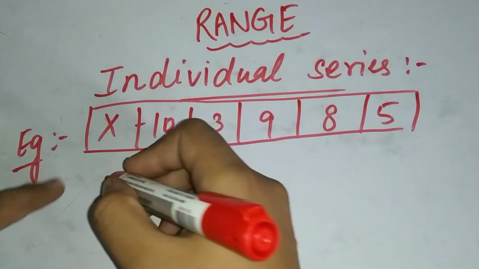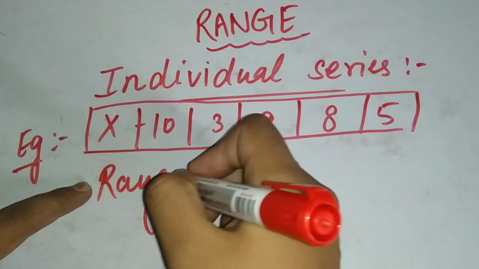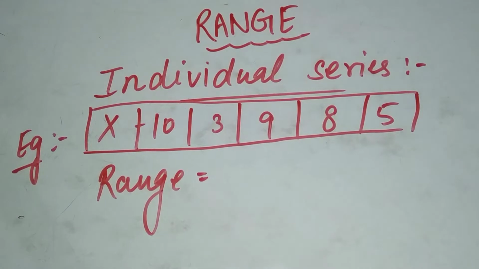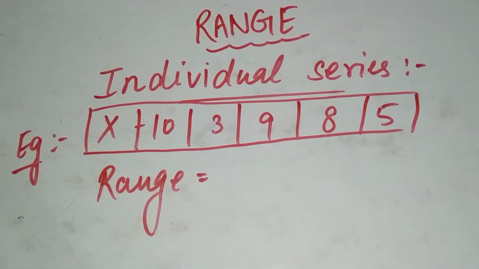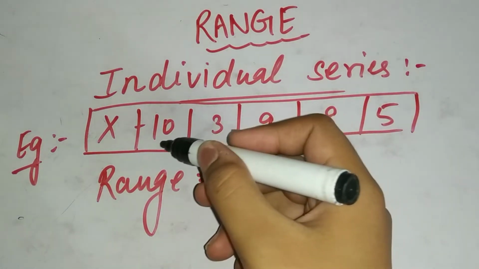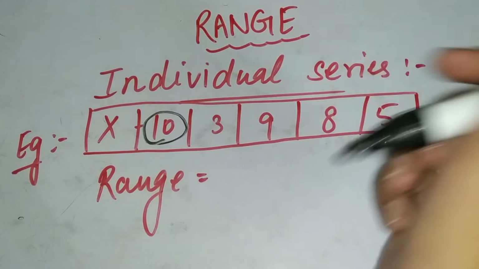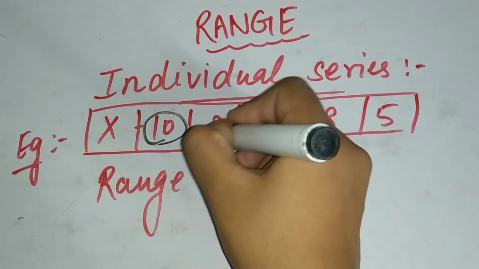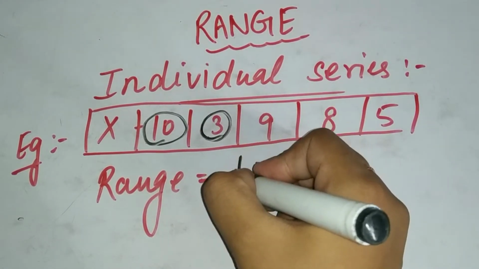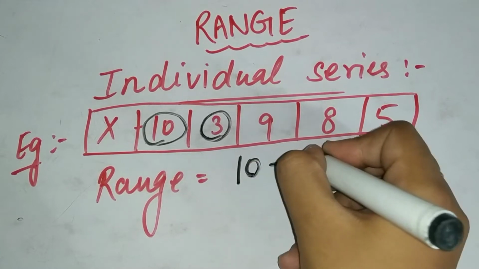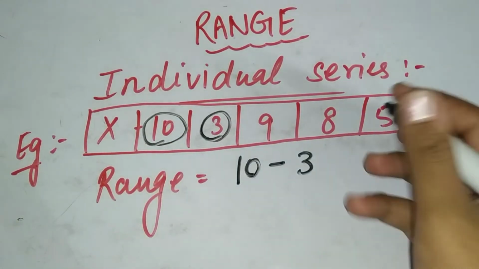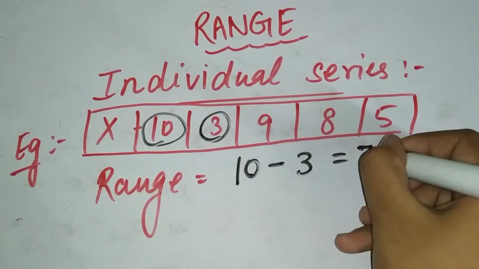So the value for range is, as I have already told you, largest value minus smallest value. The largest value we see here is 10 and the smallest value is 3. So 10 minus 3. The value for range is 7.